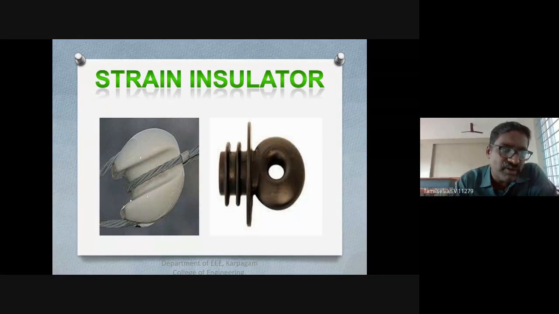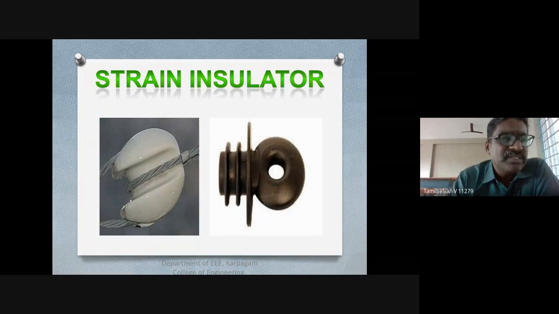When the voltage level is less than 11 kilovolt, normally we use shackle insulators as strain insulators.